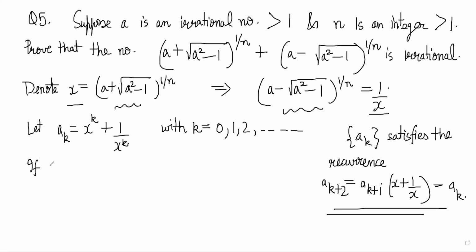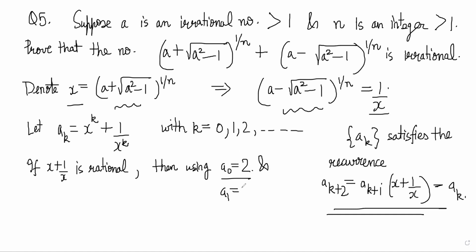Okay. Now if x plus 1 by x is rational, then using a0 is equal to 2, a0 here is equal to 2, obviously, because you will put x to the 0 plus 1 by x to the 0, and a1 is equal to x plus 1 by x.